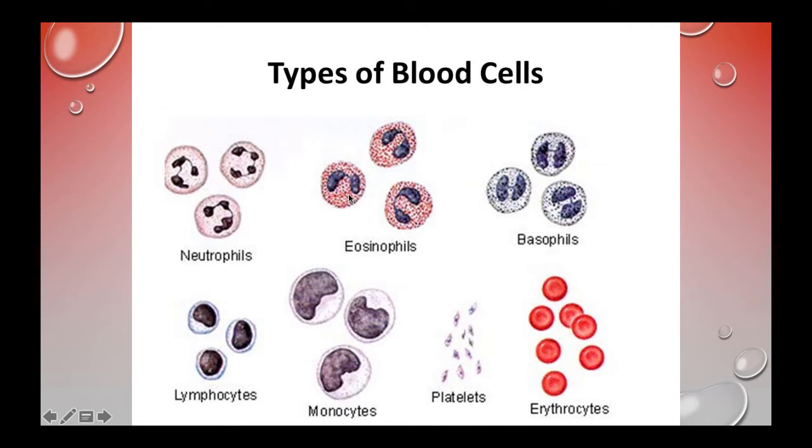Eosinophils are important for your response to parasites, for killing parasites. They make up about 1 to 3% of your total white cell volume.